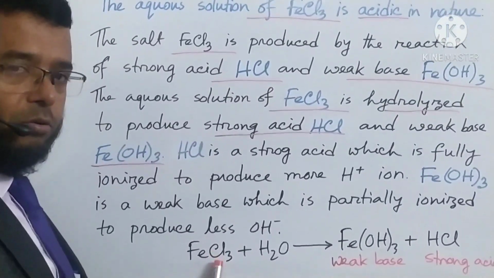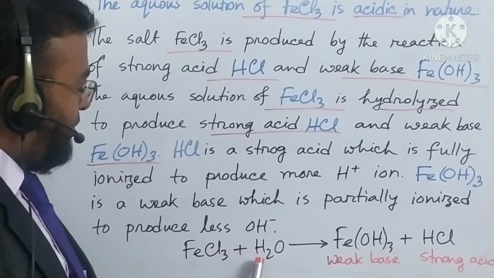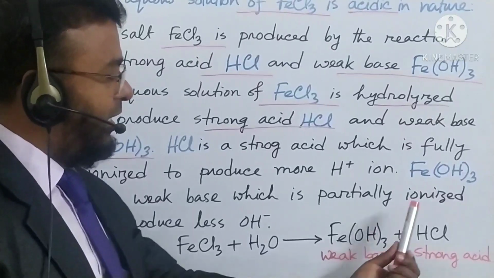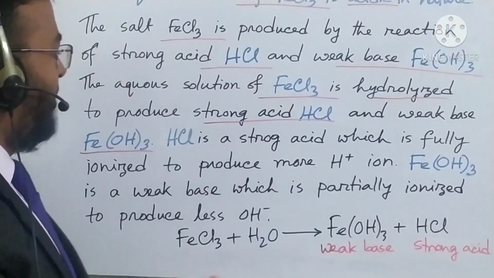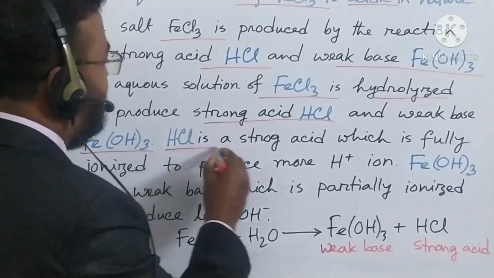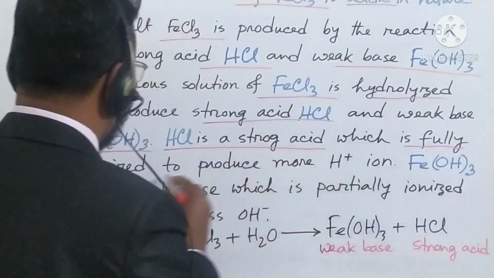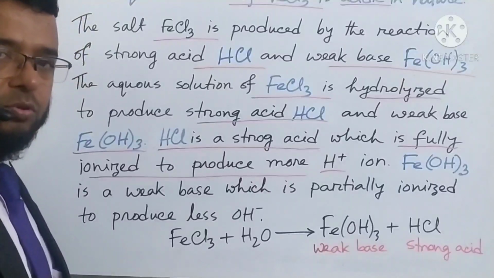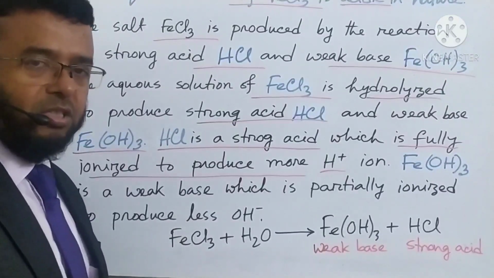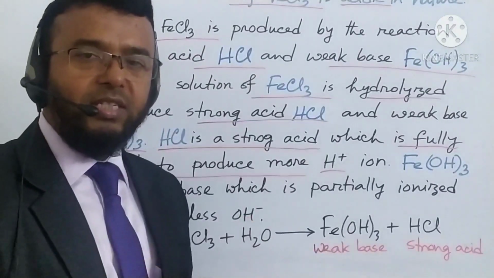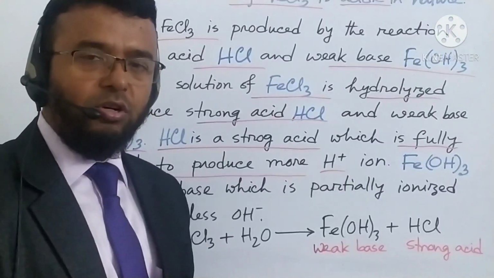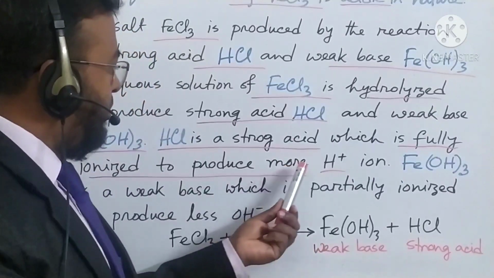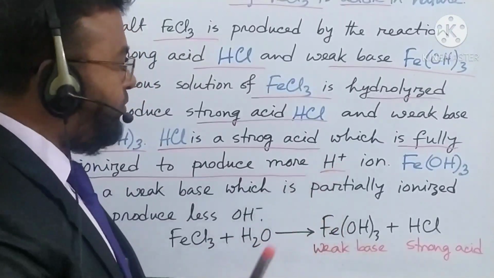FeCl3, that means ferric chloride, shows hydrolysis reaction to produce weak base and strong acid, because hydrochloric acid is a very strong acid which is fully ionized to produce more hydrogen ion. I have told in the previous lesson that hydrochloric acid is a strong acid which is 100% decomposed in water to produce a large amount of hydrogen ion.